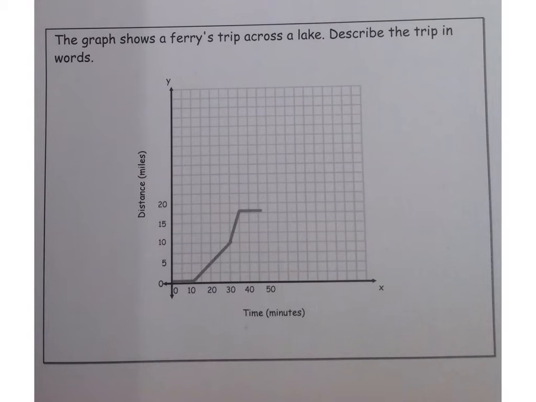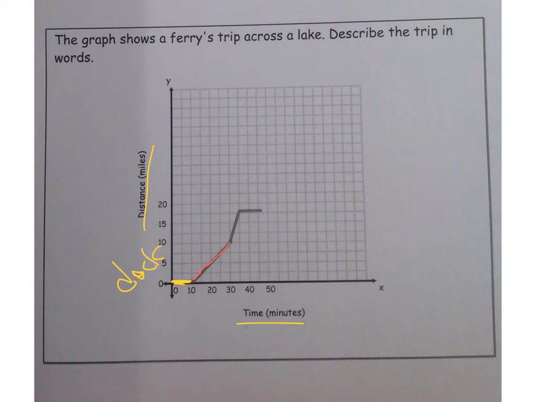Now when you're looking at this graph here, it says the graph shows a ferry trip across a lake. Describe the trip in words. So here, the distance is here, time in minutes. This first part, we don't go anywhere. So that's probably when it's at the dock. Then it leaves, and when it leaves, it starts kind of slowly.